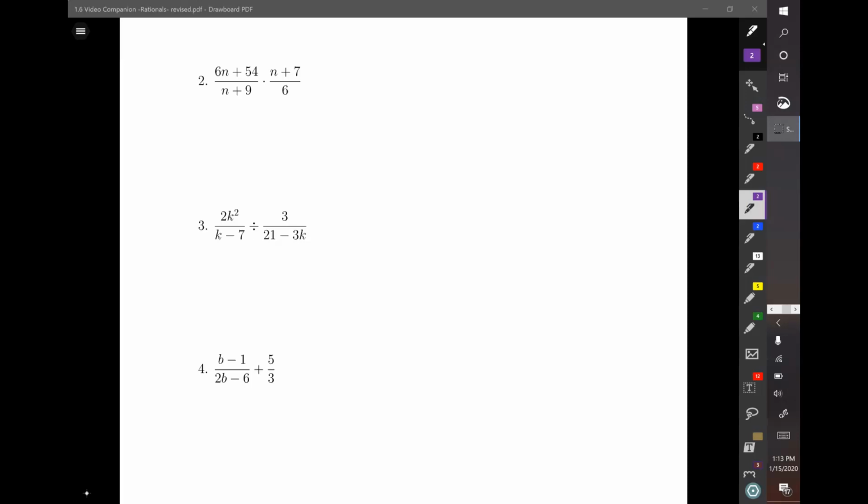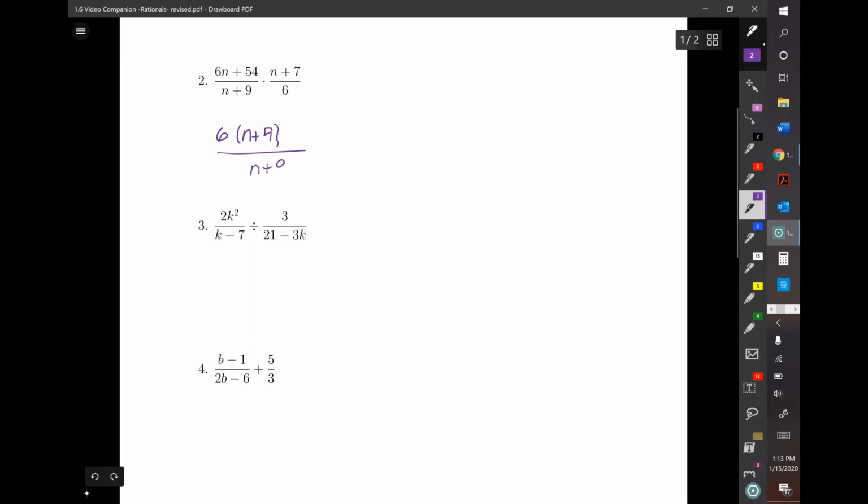So I would have this first fraction. The numerator would simplify to 6 times n plus 9, all divided by n plus 9, times my other fraction, n plus 7, all divided by 6.